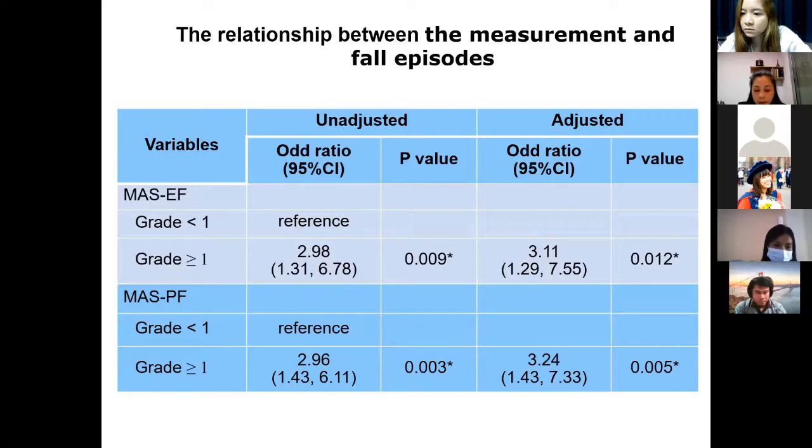The participants with a Modified Ashworth Scale of elbow flexor and plantar flexor greater than or equal to 1 had about 3 times the risk of fall compared to those with MAS score less than 1.